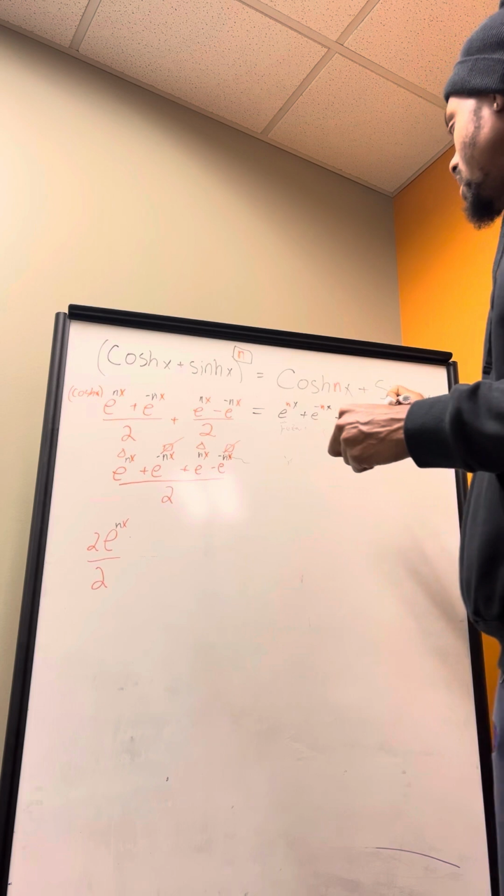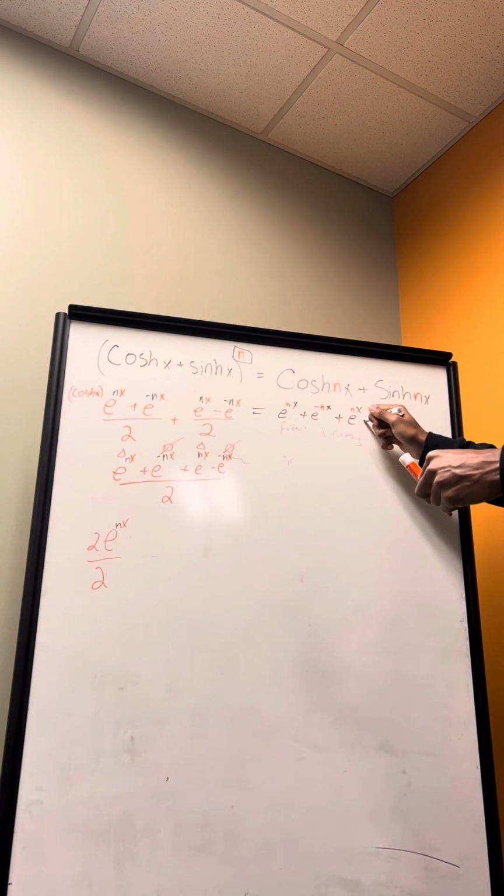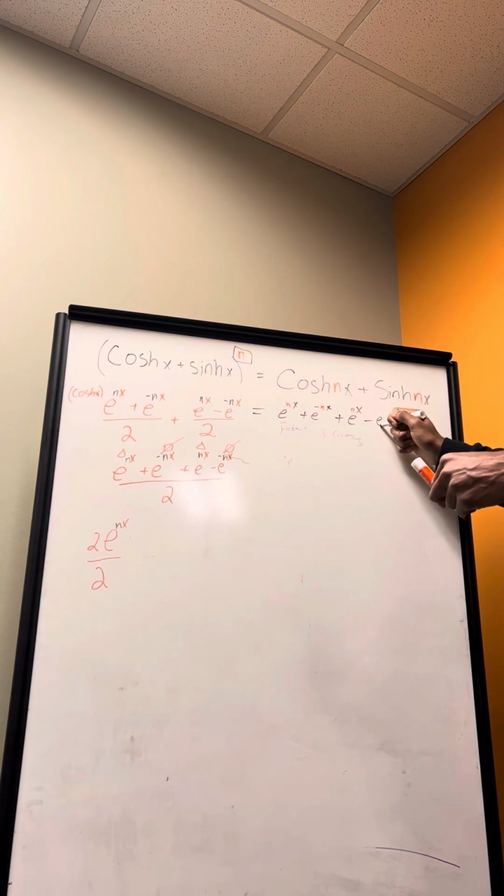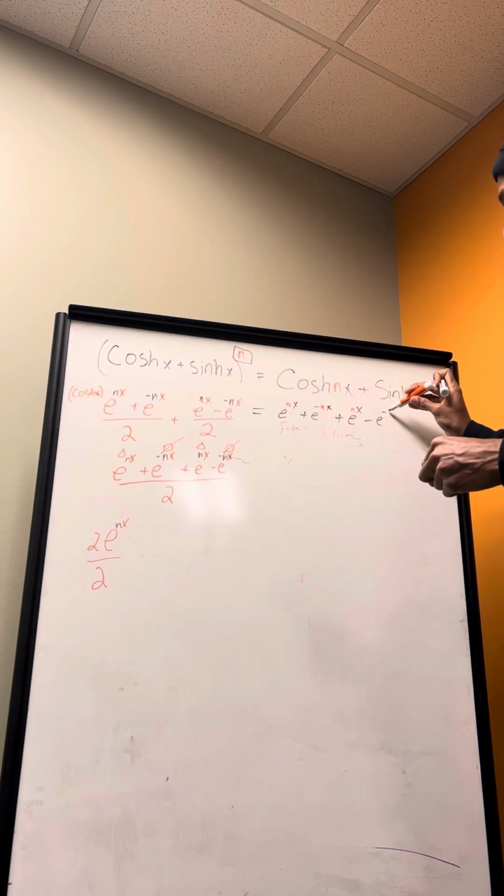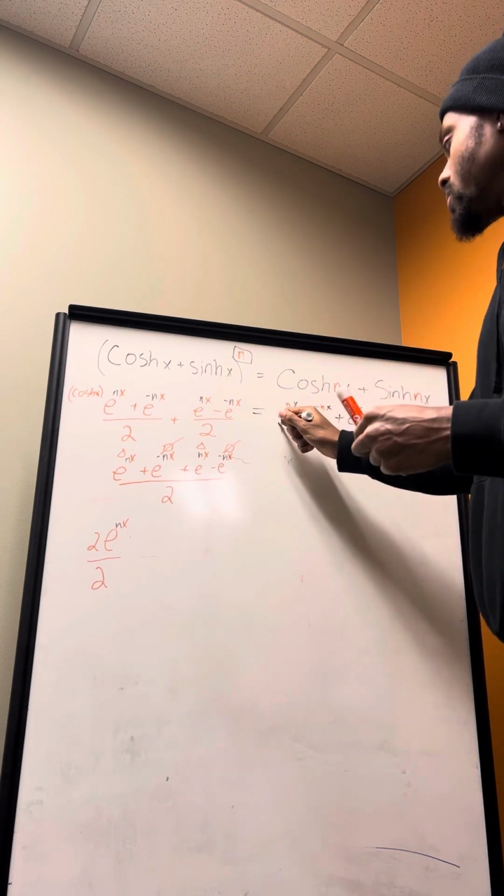Don't forget about that n. And then minus e to the negative nx. All of this over 2.